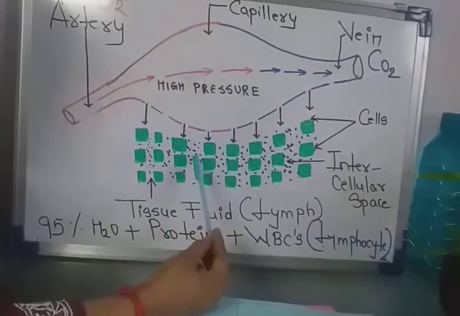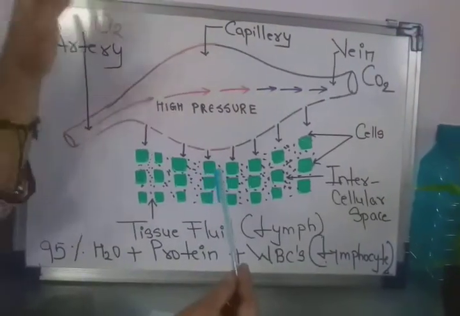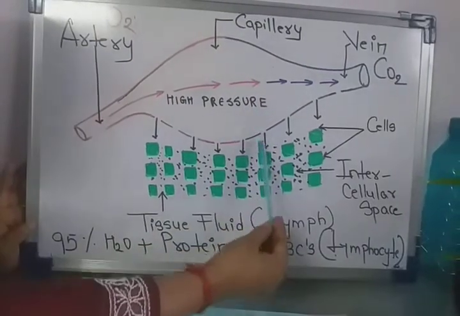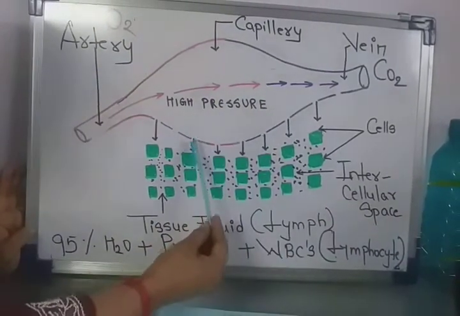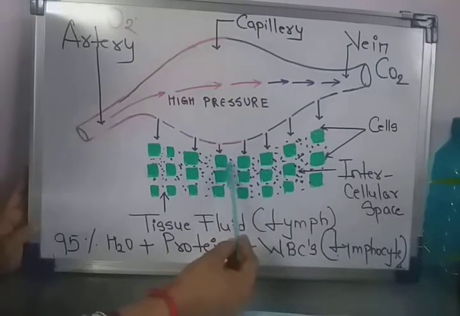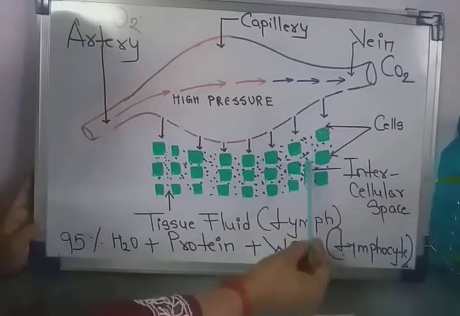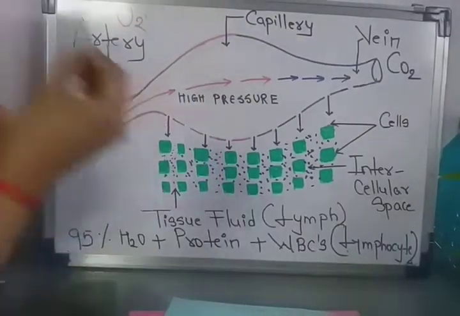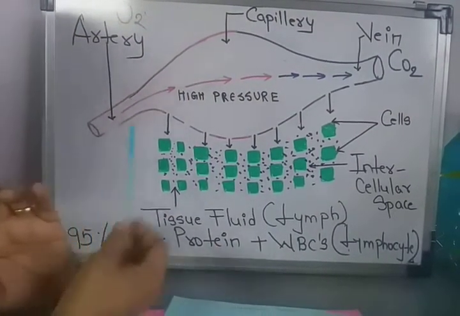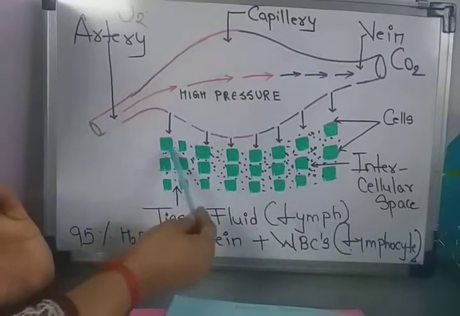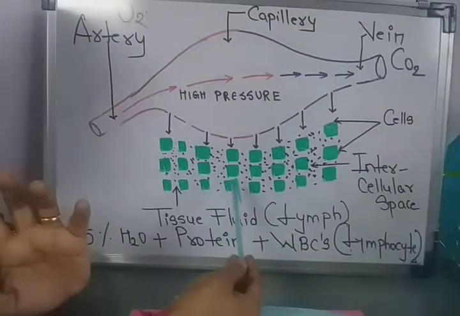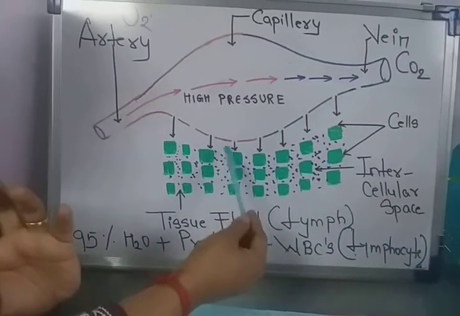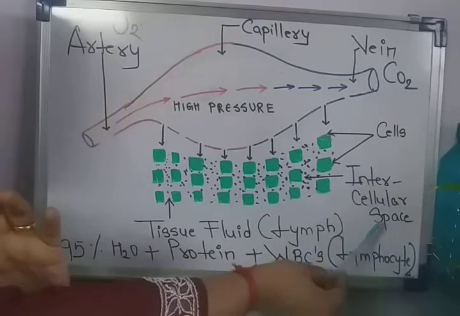So this fluid, or this part of the constituents, because of the pressure, will ooze out through the pores of the capillaries and get collected in between the spaces of these cells. This fluid gets collected in between the tissue, a combination of cells, in the space between the two cells, that is called intercellular space.